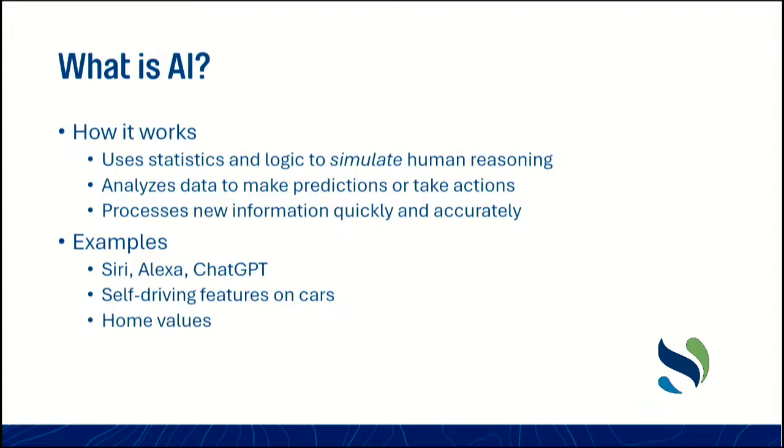Moving into AI. So what is AI? That's a touchy subject these days. So how does it work? It's a combination of statistics that are predicting what you might say or type, especially if you're using something like ChatGPT or Claude.